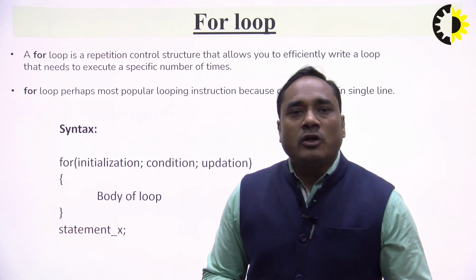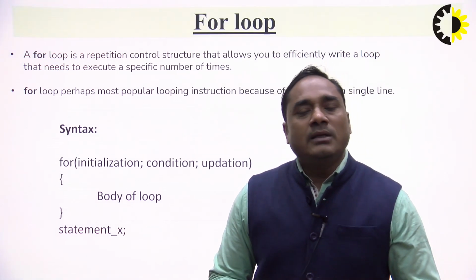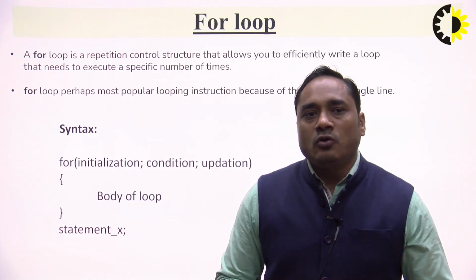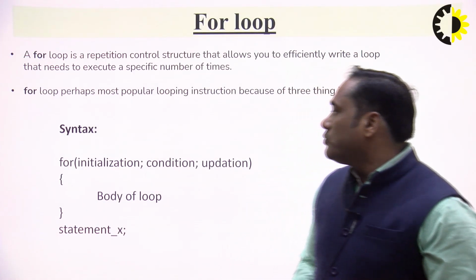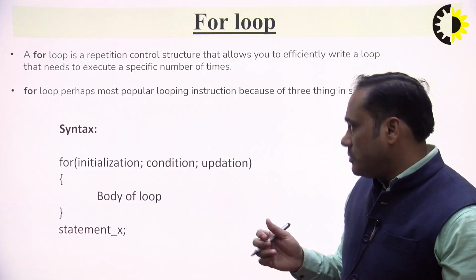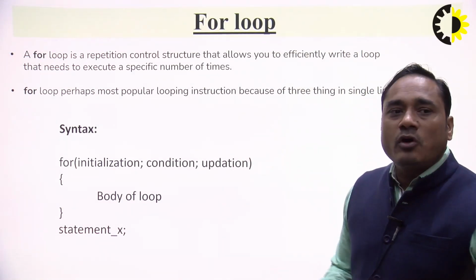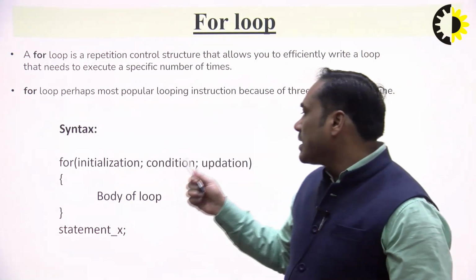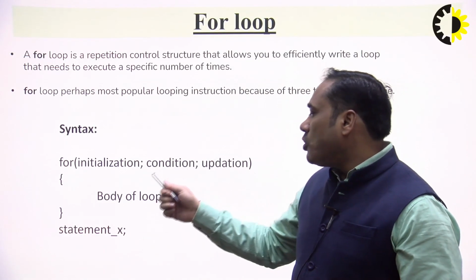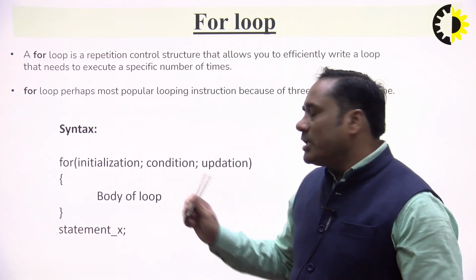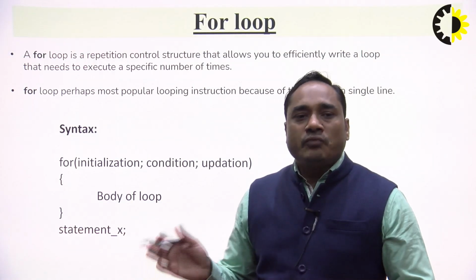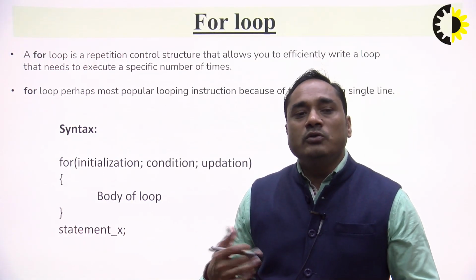Now the next important type of loop is the for loop. So how does the for loop work? This is the declaration of the for loop: initialization, condition and updation, then the body of the loop, and then the statement. If the for loop is working, then we are getting the result.